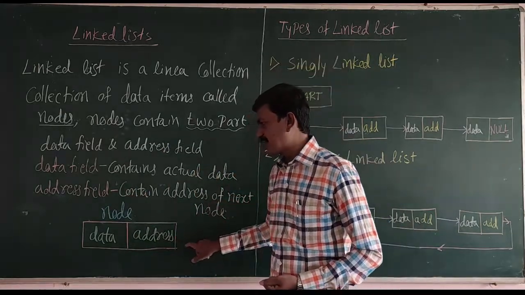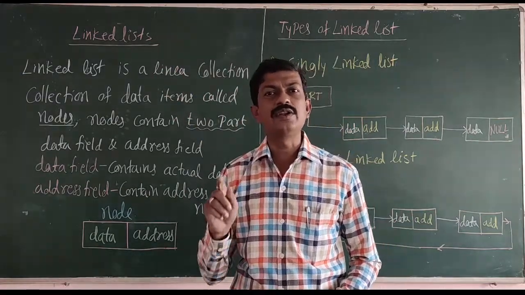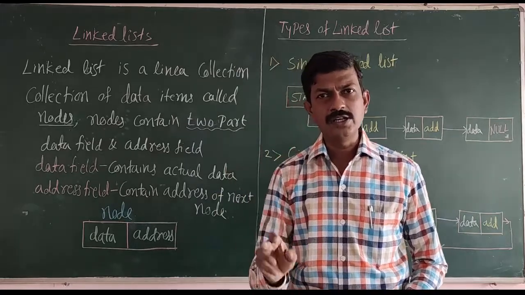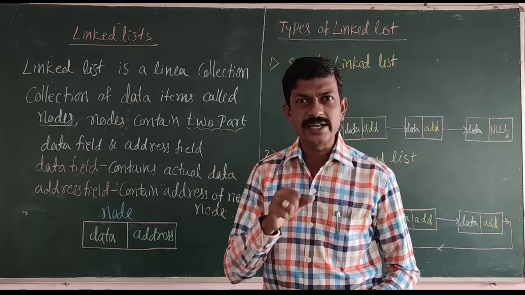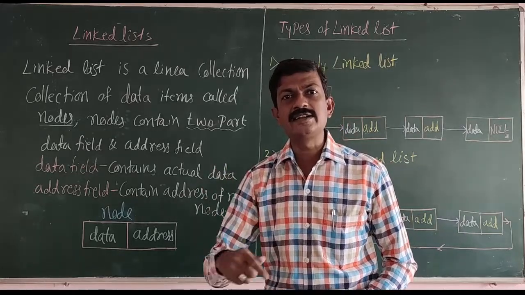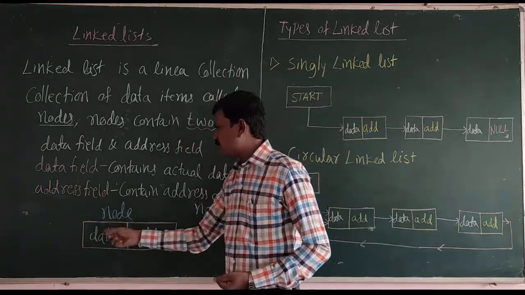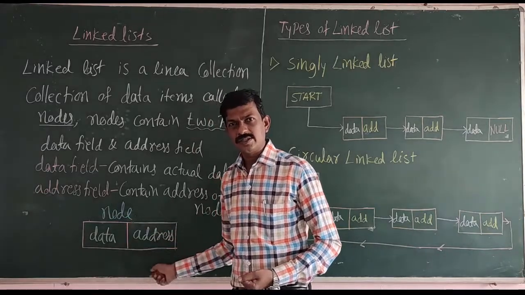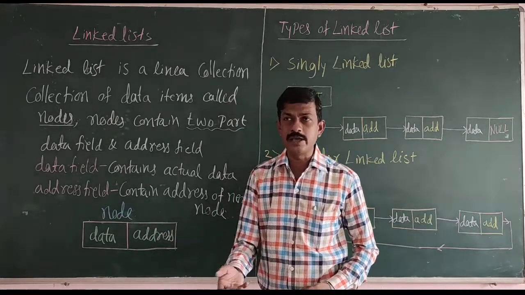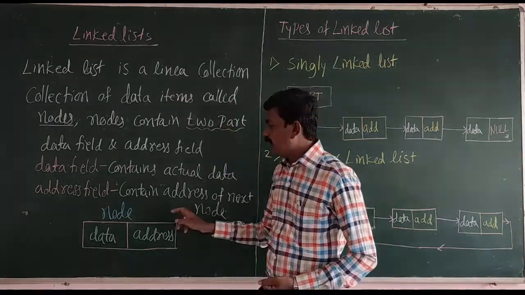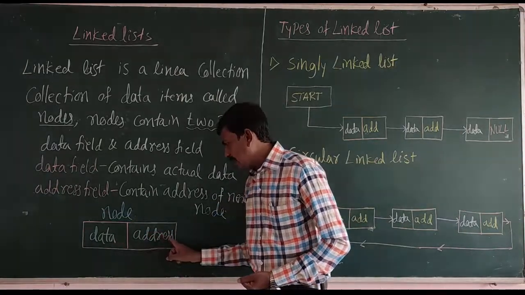Now we are going to see with an example what a linked list is. A linked list is a linear collection of data items called nodes. A node contains two parts: the data field and the address field. The data field contains the actual data item. The address field contains the address of the next node. See this example, this whole thing is called a node. A single node contains two different parts, the data field and the address field.